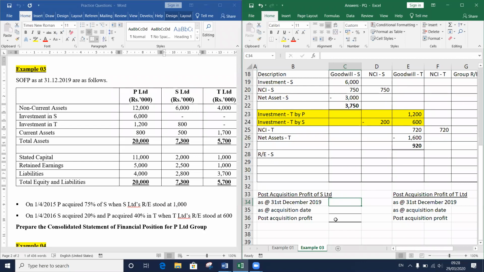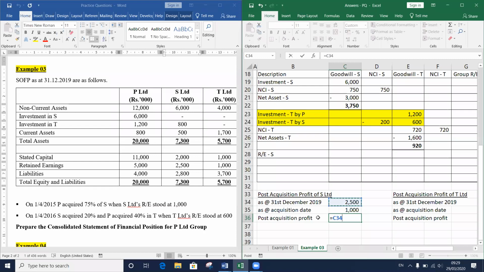Right. Acquisition, balance sheet date. As at the balance sheet date, what is the retained earnings amount of S? 2500. As at the acquisition date, what was the amount? 1000. Right.